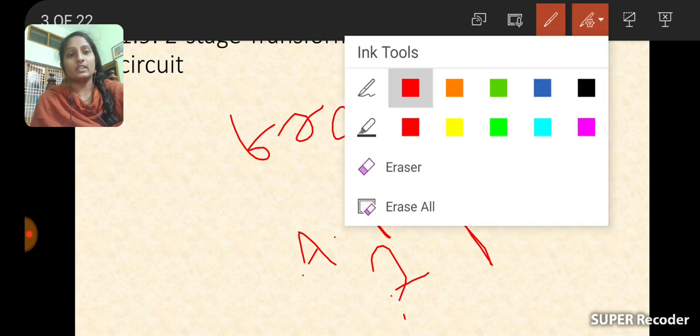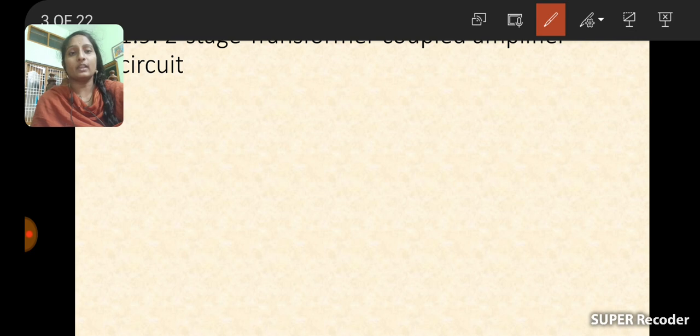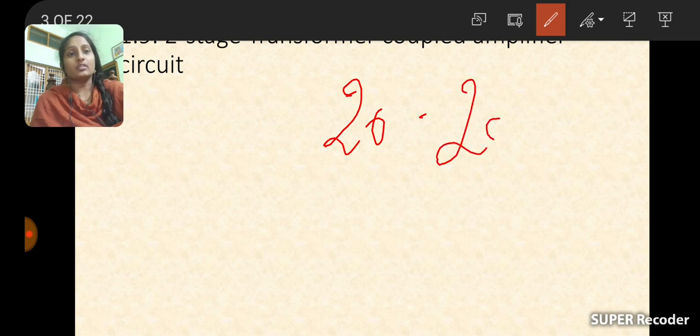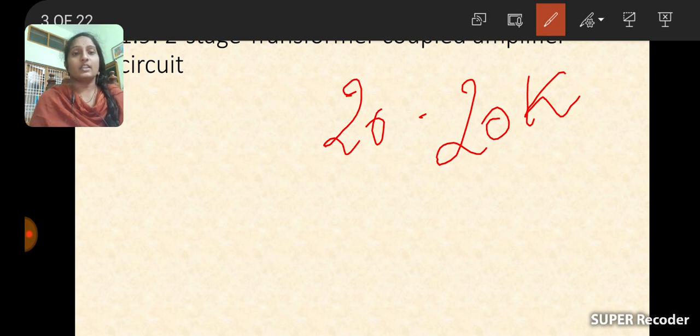Audio frequency amplifiers are used to amplify signals having a frequency between 20 Hz and 20 kHz. Why? Because that is the audible range: any signal in the audible range has a frequency of 20 Hz to 20 kHz.